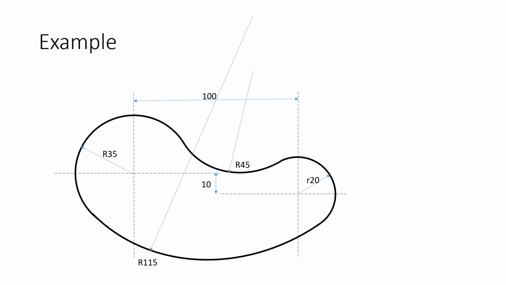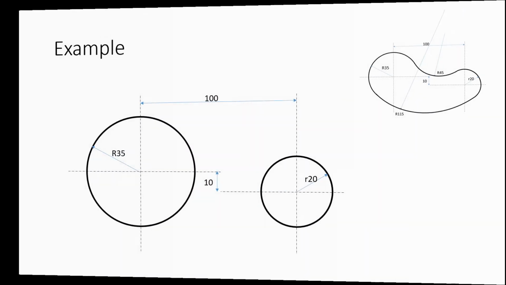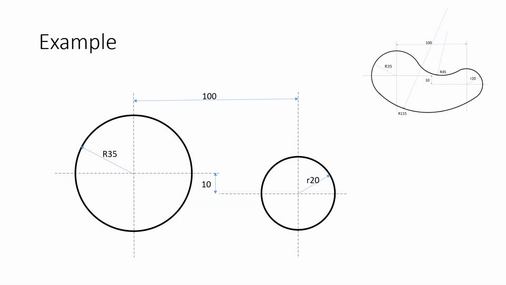Now let's look at an example. Here we have a template, and we want to draw this template using the principles of tangency. So first thing, let's get our two circles. We're going to start by drawing our two circles, radius 35 and radius 20.